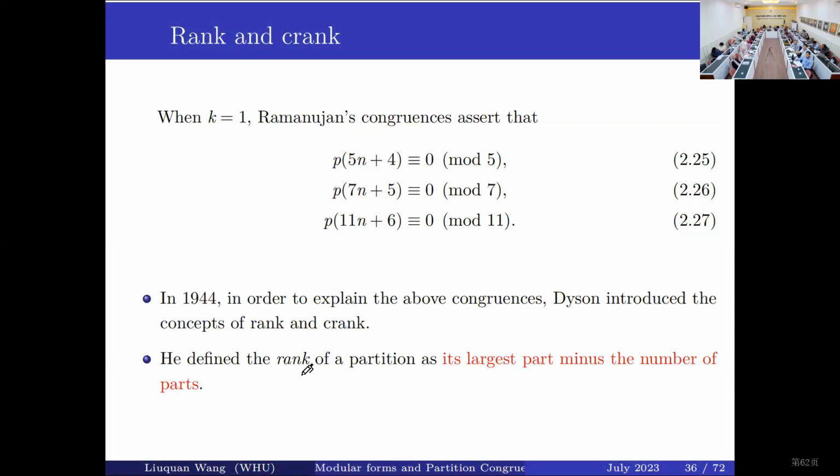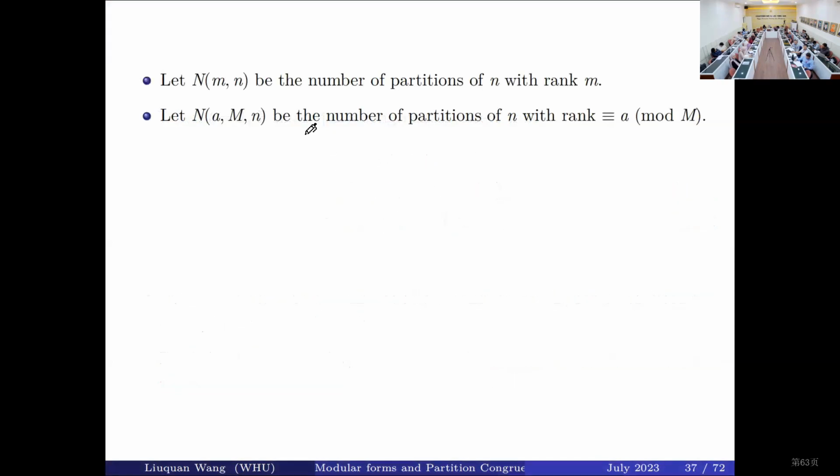He defined the rank of a partition as its largest part minus the number of parts. And we use capital N(m, n) to denote the number of partitions of n with rank m. Then we use capital N(a, m, n) to be the number of partitions of n with rank congruent to a modulo m. So these are several counting functions here.